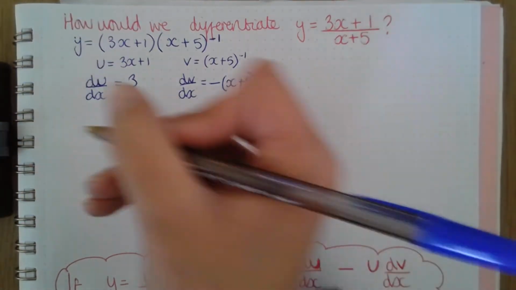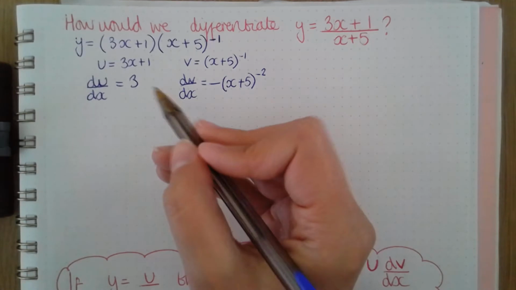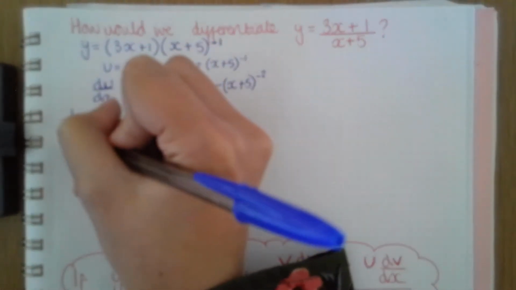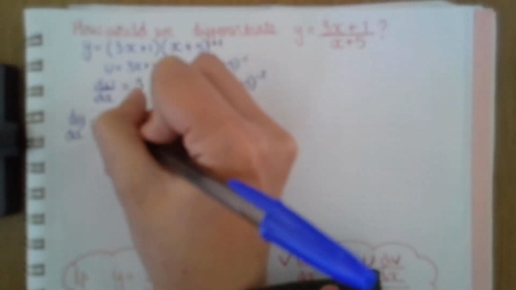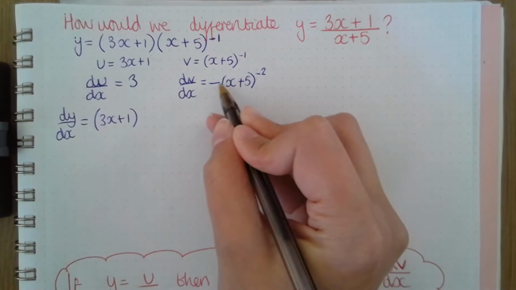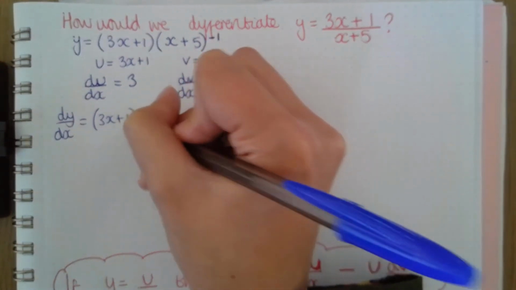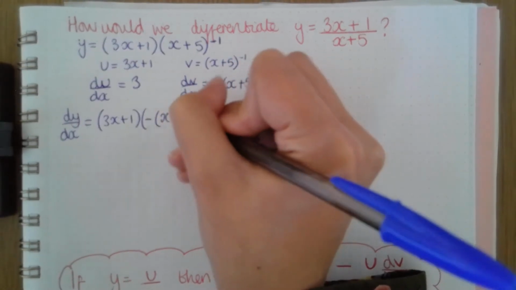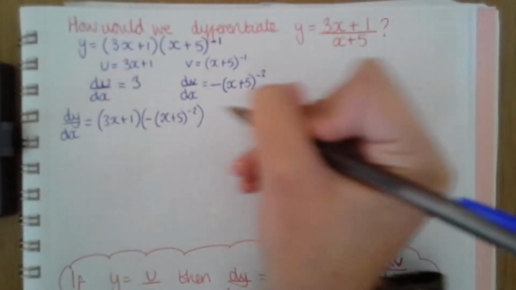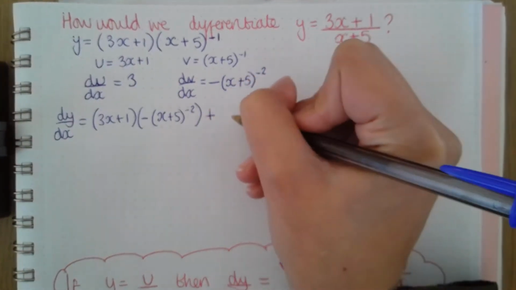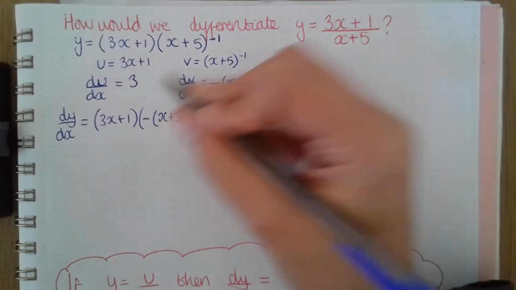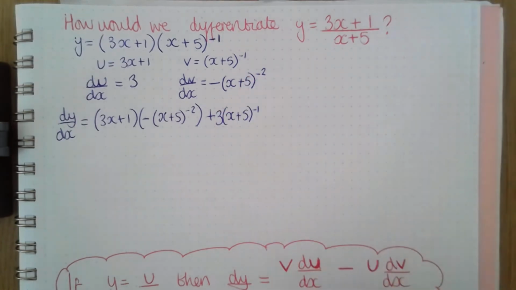Then we want to use the product rule, so dy/dx, you don't need to write this one down, so we'd have (3x plus 1), that's u, times dv/dx, which is negative (x plus 5) to the power of negative 2, plus v, which is (x plus 5) to the power of negative 1, times du/dx, which is 3.